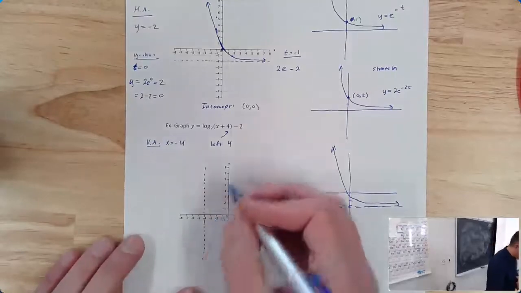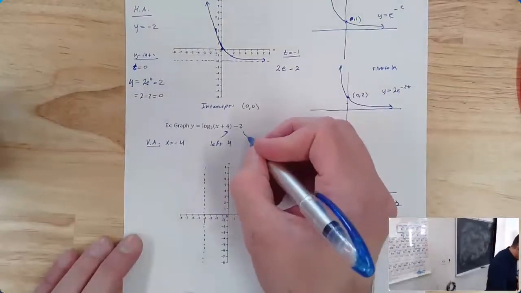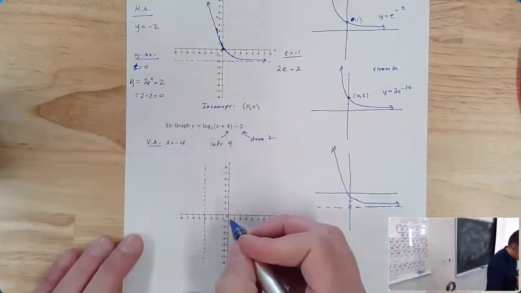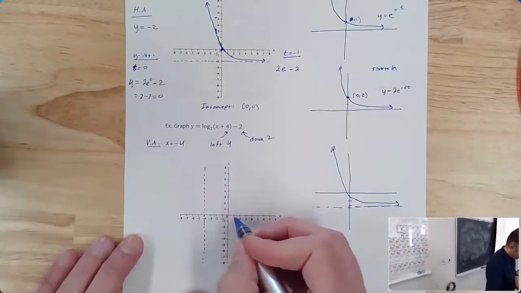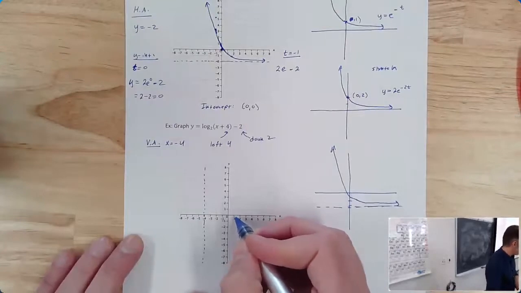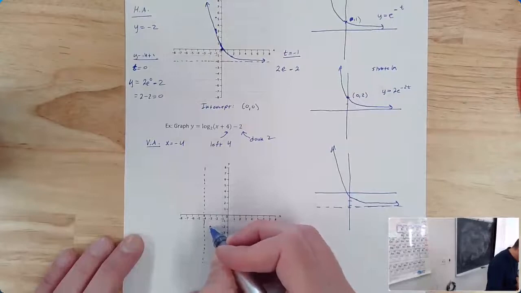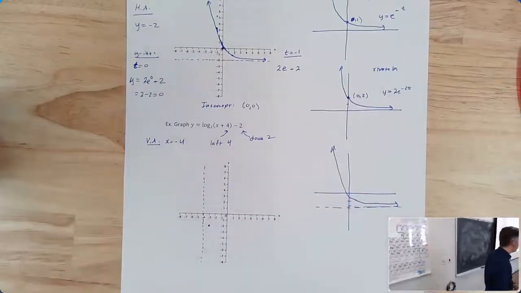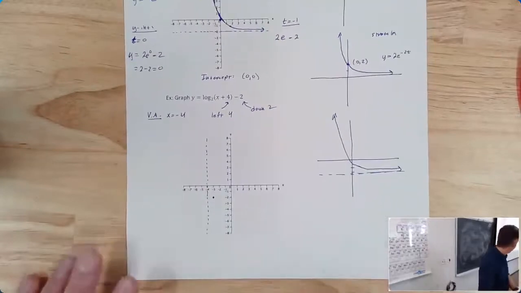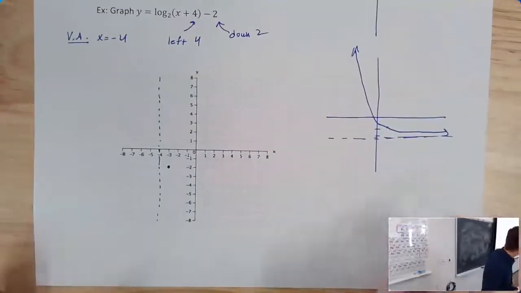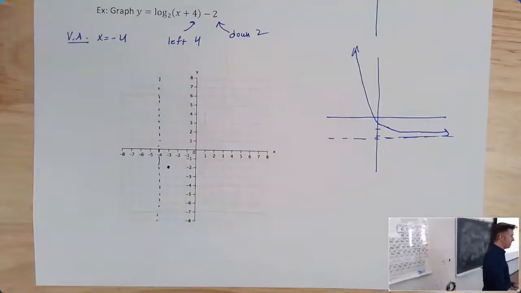But then we're also going to shift down 2. So essentially I'm thinking of this point 1, 0 that would have been on my original graph going 4 to the left and 2 down. You don't have to have that point, but we certainly can. So really, I've shifted left and down, and now I'm just thinking of the usual shape. If I didn't have all these marks in my way, I would just draw it and fill in the blanks.